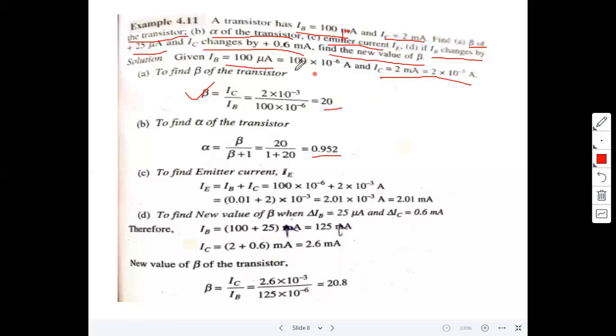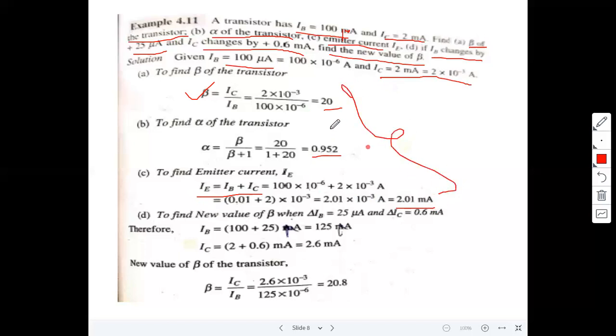Base current is given, collector current also is given. Then IE is equal to IB plus IC, that is equal to 2.1 milliamperes. Up to this one is simple.